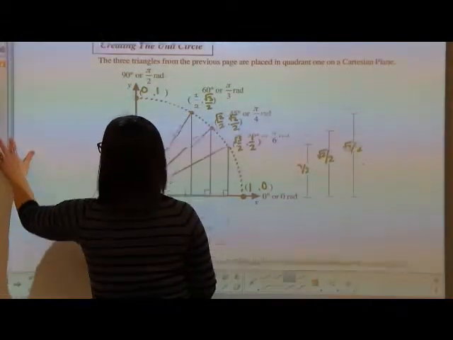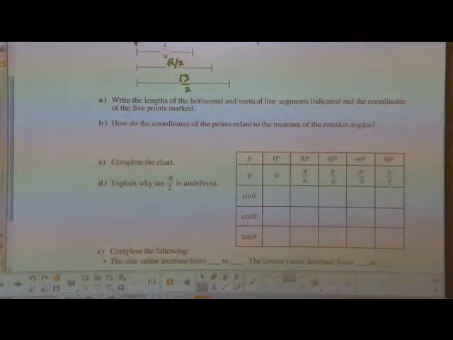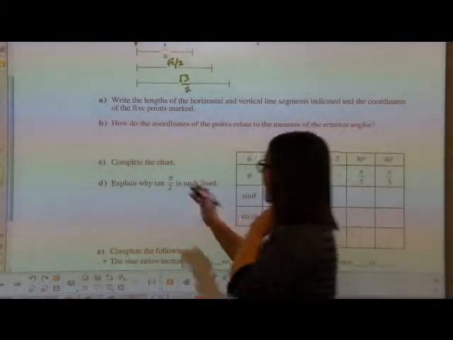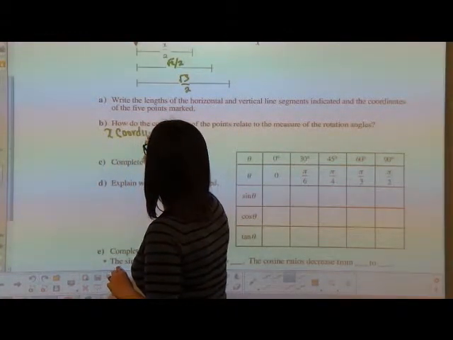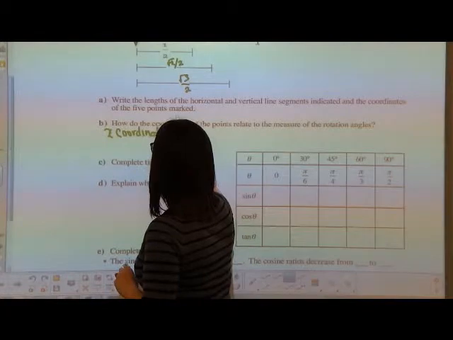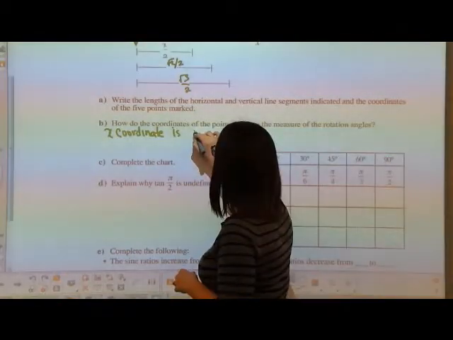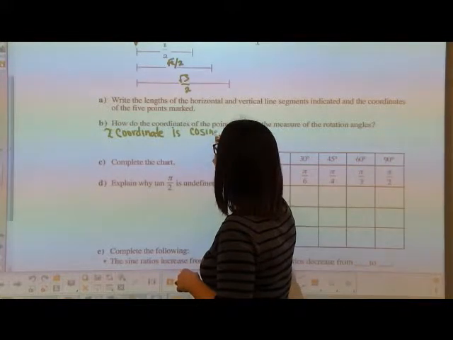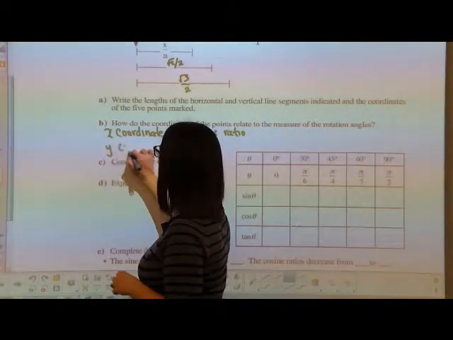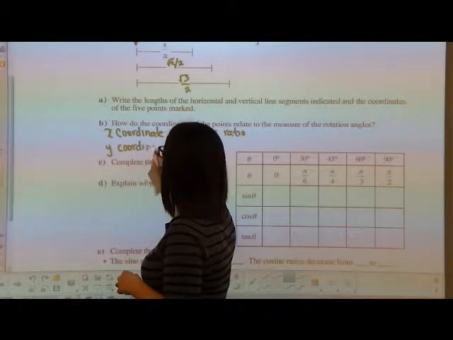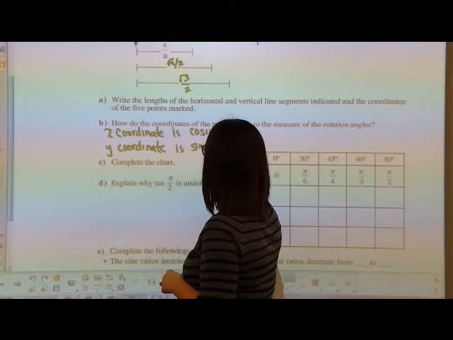So the question that asks, how do the coordinates of the points relate to the measure of the rotation angles? The x-coordinate is the cosine ratio, and the y-coordinate is the sine ratio.